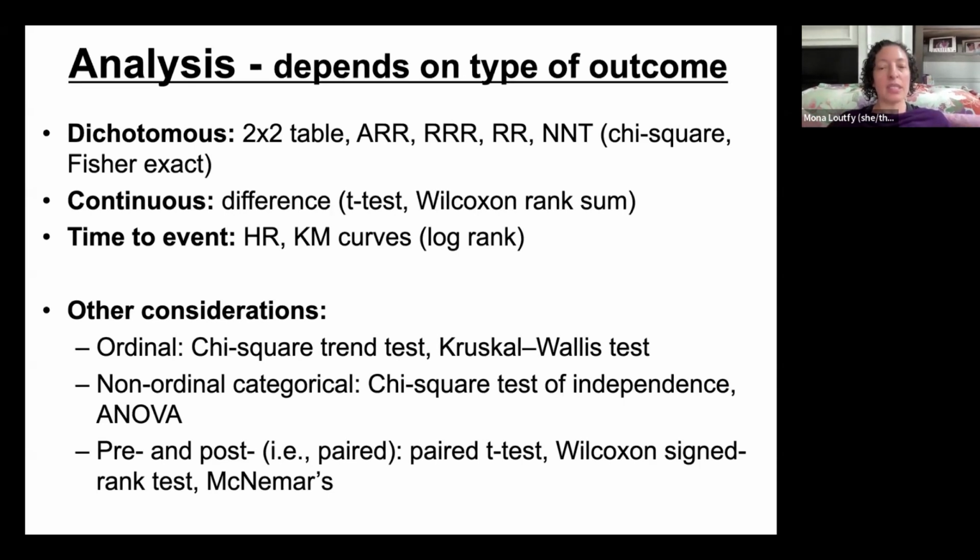The statistic that you report can be an absolute risk reduction, a relative risk reduction, number needed to treat, but more specifically, the statistical test you use to see if there's an association is called chi-square test or Fisher exact test.